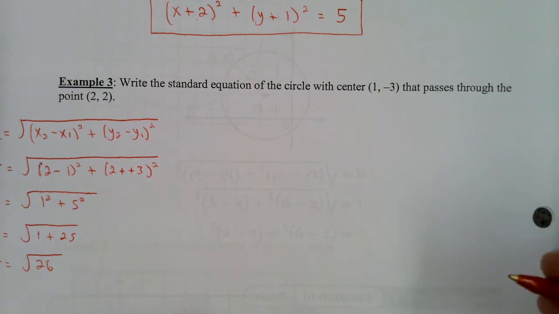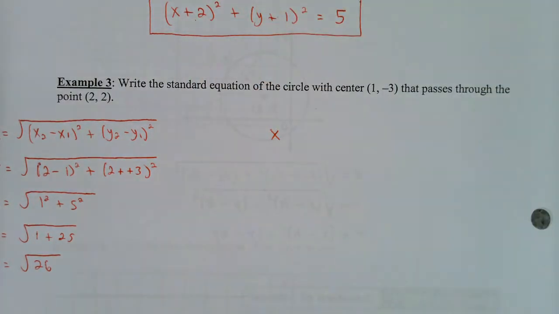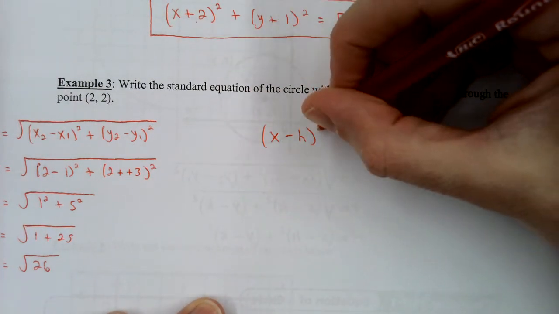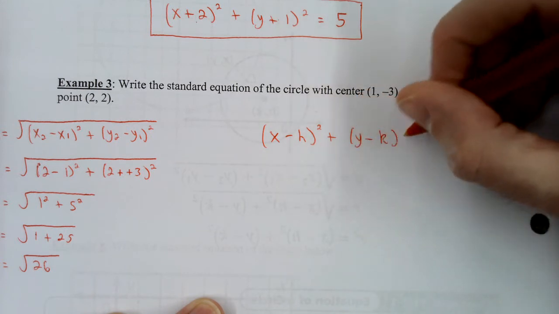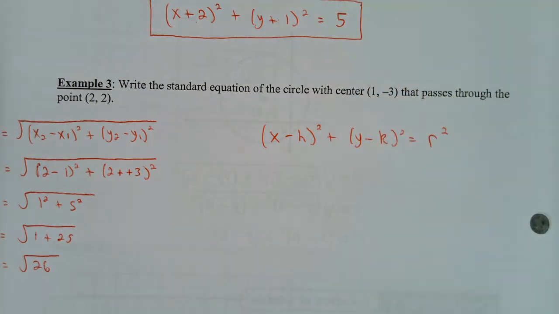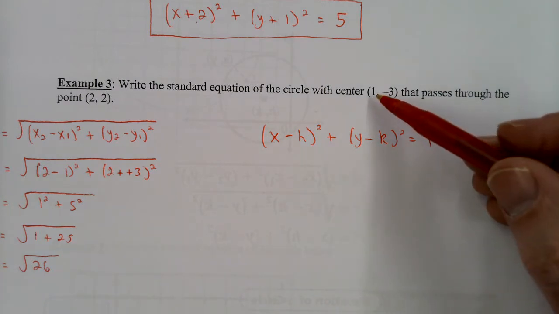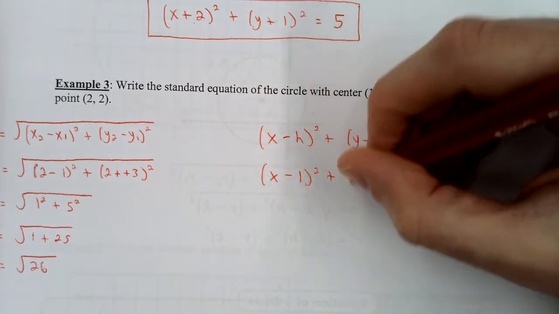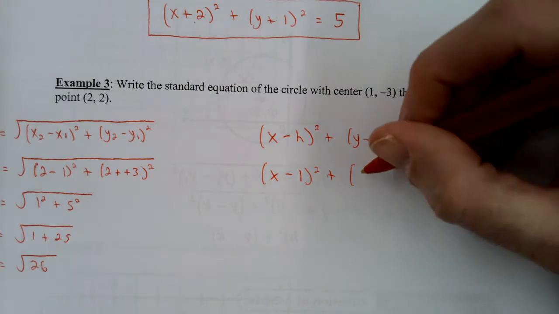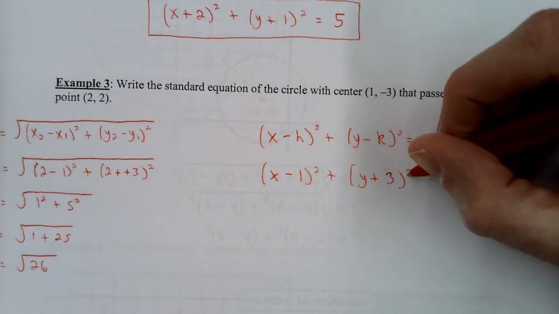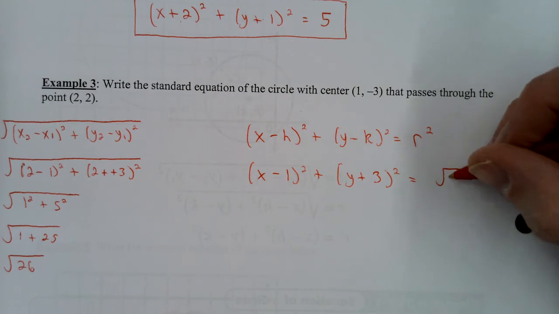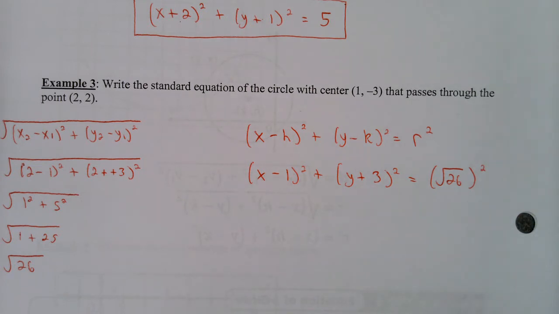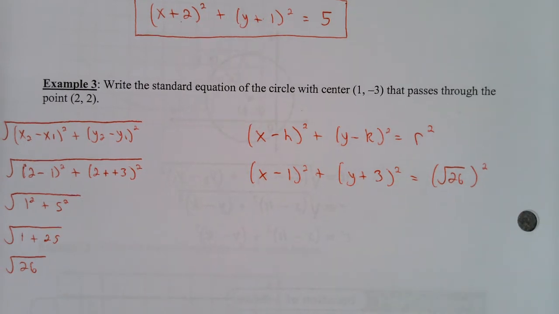So now we can go into the formula for a circle. (x minus 1) squared. I'm just going to go right to changing the sign. So (y plus 3) squared equals the radius, which is the square root of 26, squared. The square root of 26 times the square root of 26 is just 26.